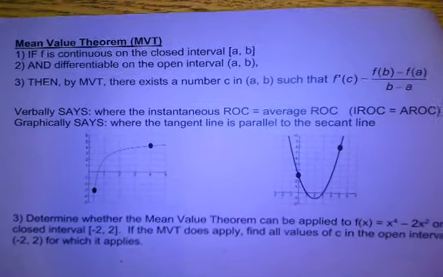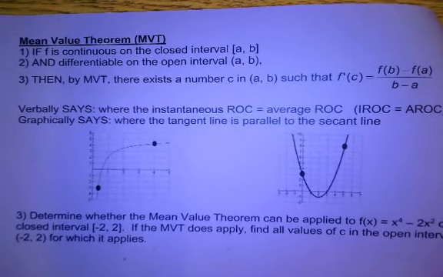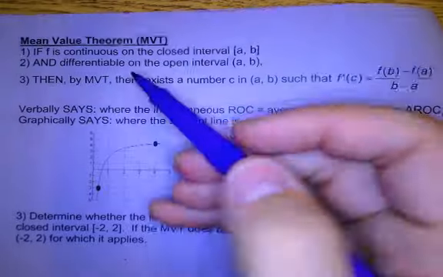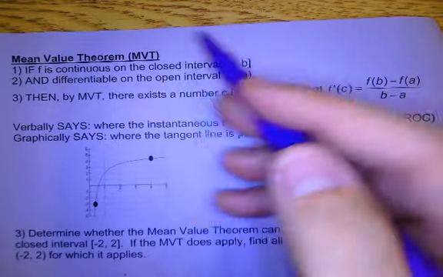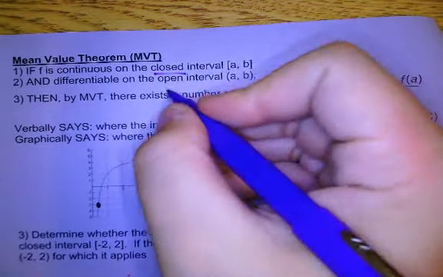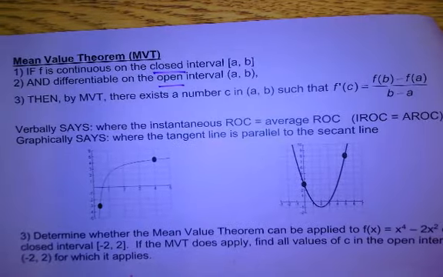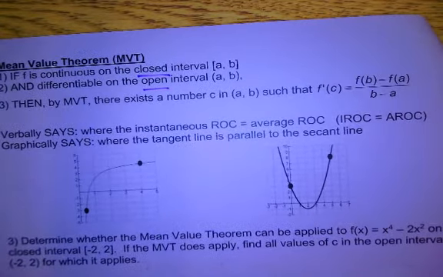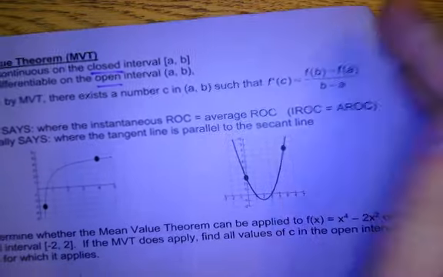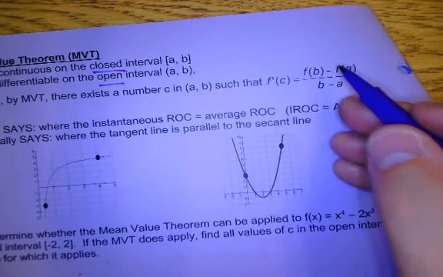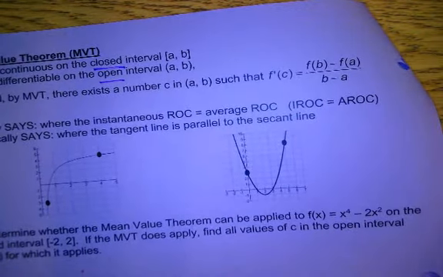Alright, here is the meat and bones of today, the mean value theorem, MVT. MVT states that if a function is continuous on the closed interval and differentiable on the open interval, then there exists a number c such that the derivative is equal to the average rate of change, pretty much.